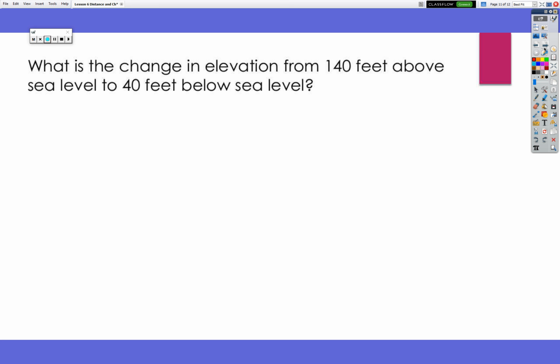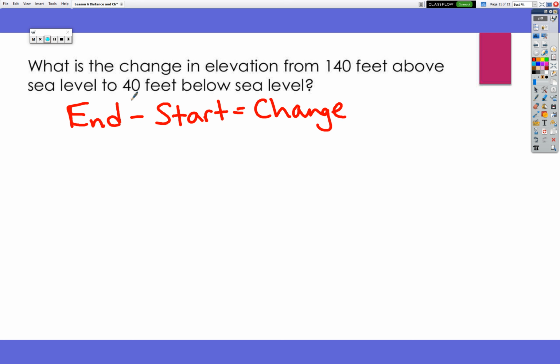Okay, this one says, what is the change in elevation from 140 feet above sea level to 40 feet below sea level? I'm going to do the end minus the start to give me the change. So the end is 40 feet below sea level. Since it's below sea level, that's going to be negative.